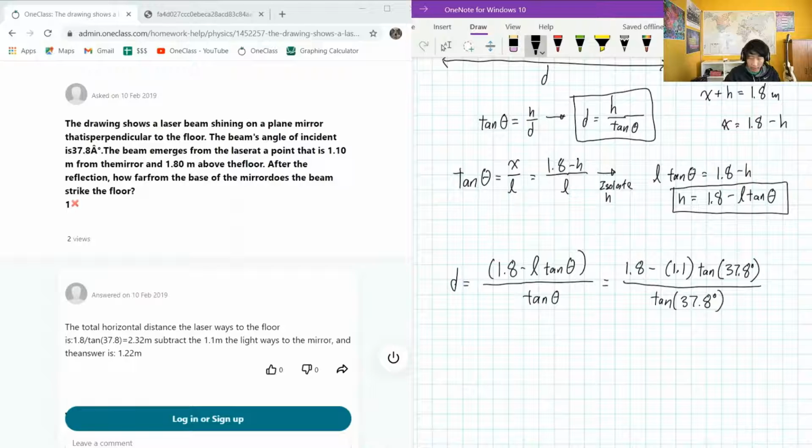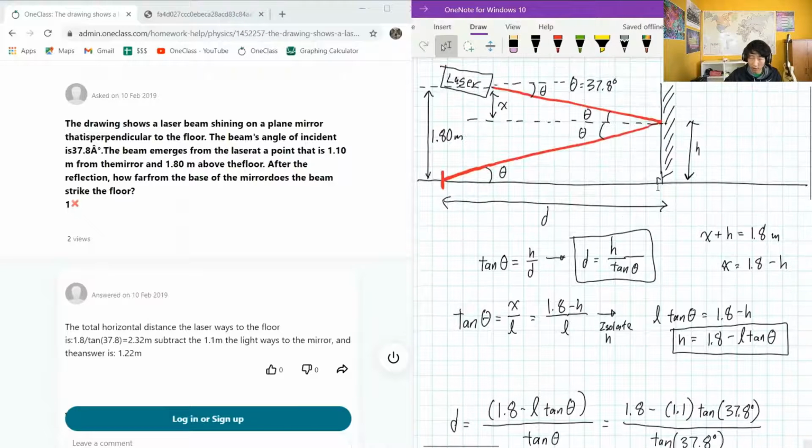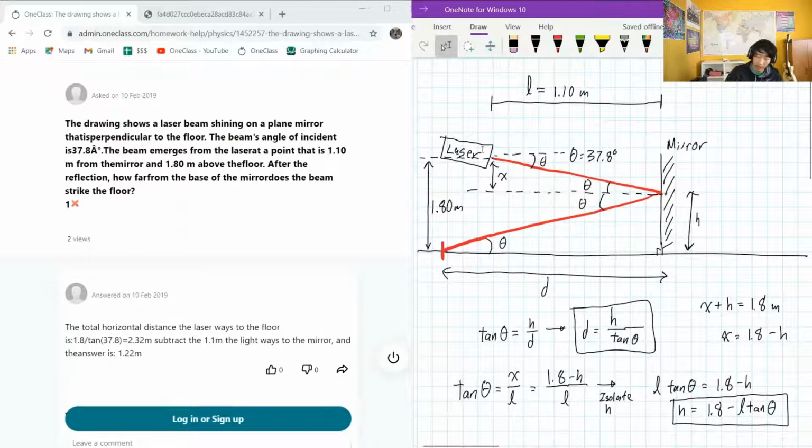Okay, so let's run this through the calculator and see what our result is. 1.8 minus 1.1 times tan 37.8, that whole thing divided by tan 37.8. And my result for this calculation is D is equal to 1.22 meters.